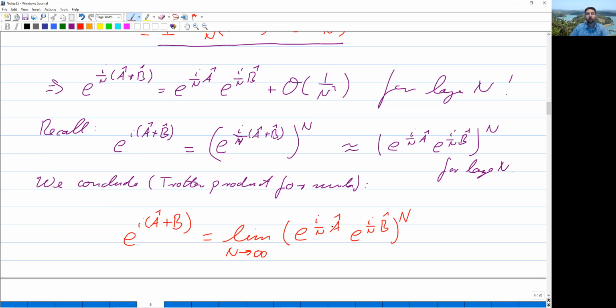And you see, each one of these factors is like our best case scenario above, right? This would be the p squared over 2m term, and that would be the potential term. And we know how to handle those by using a resolution of the identity and so on.